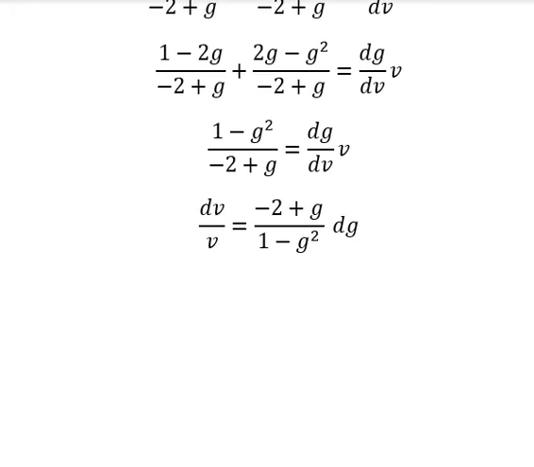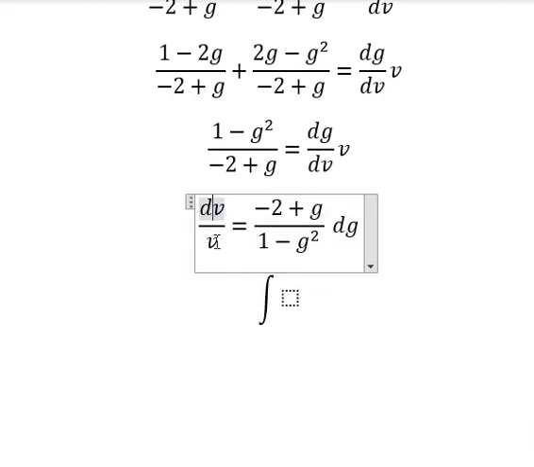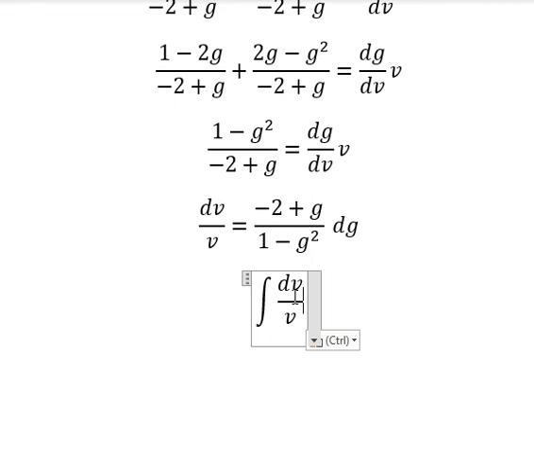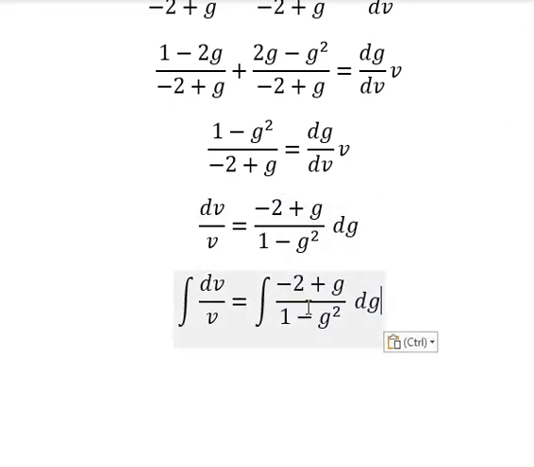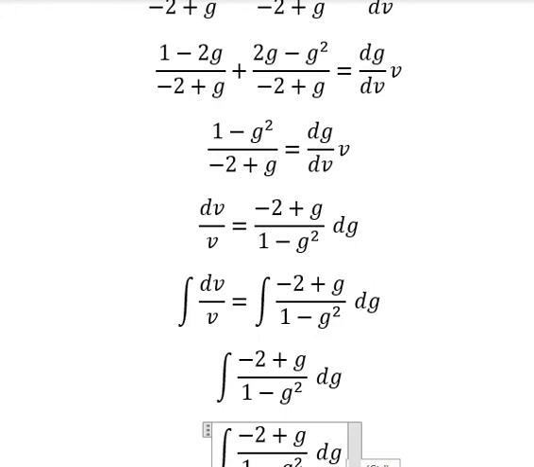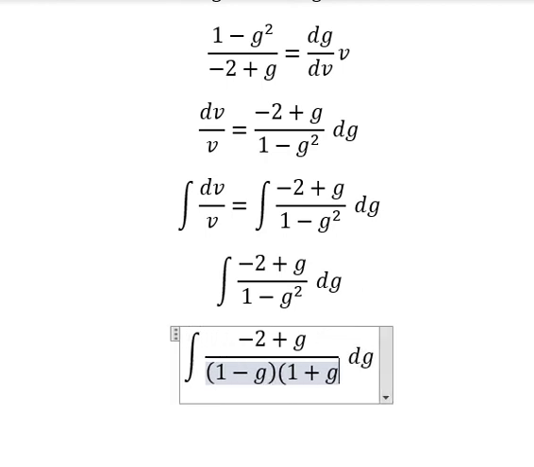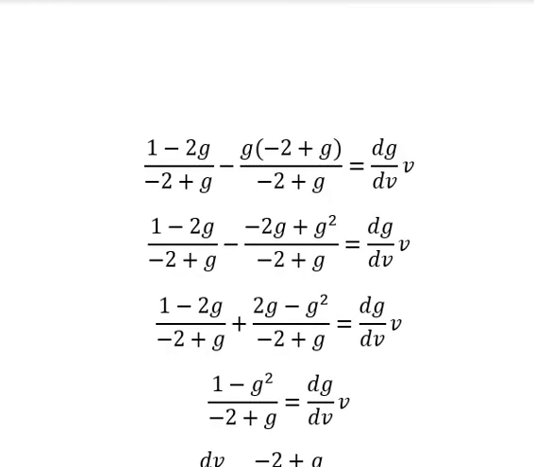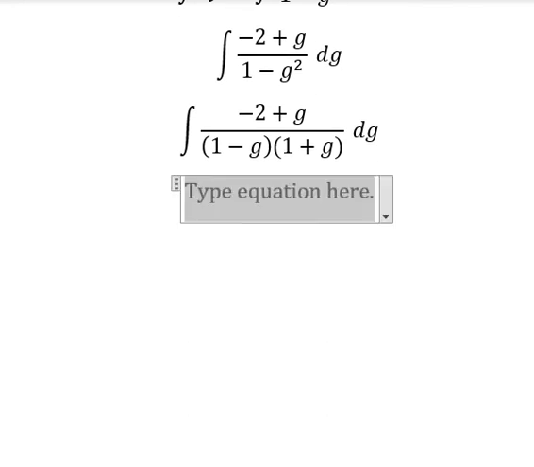Next, we put the integration for both sides. Now, I will concentrate about this one. So, this one, that is about identity. Next, we need to use about partial fractions.